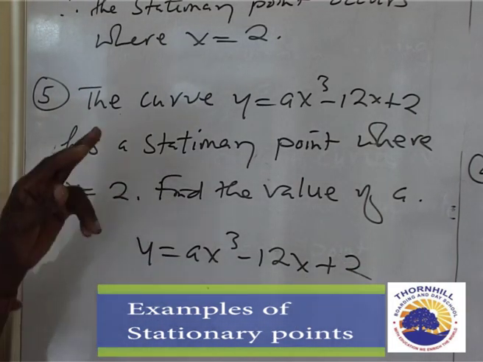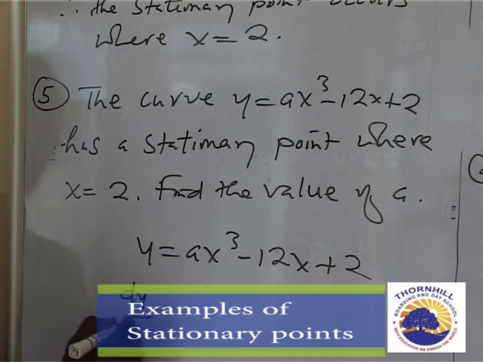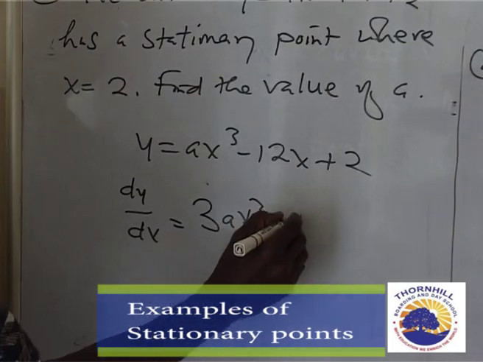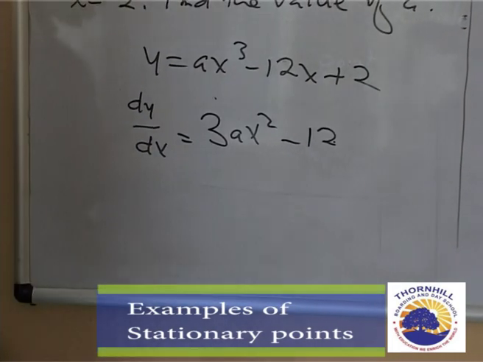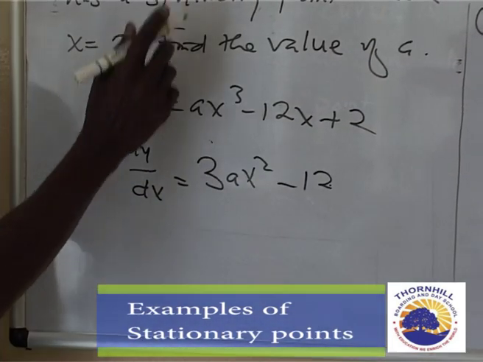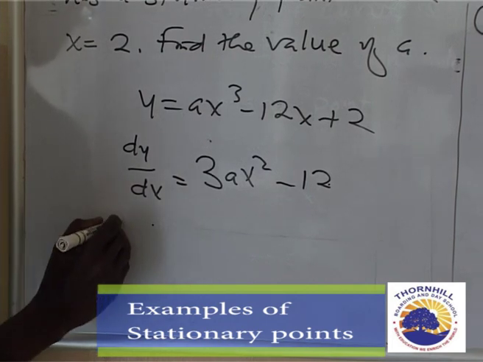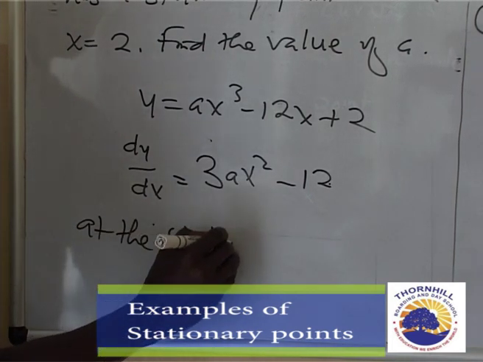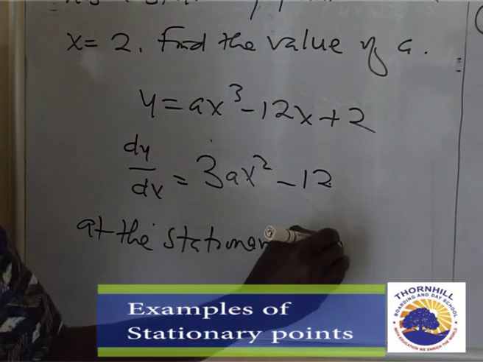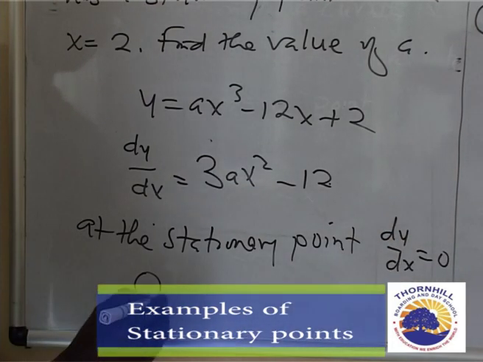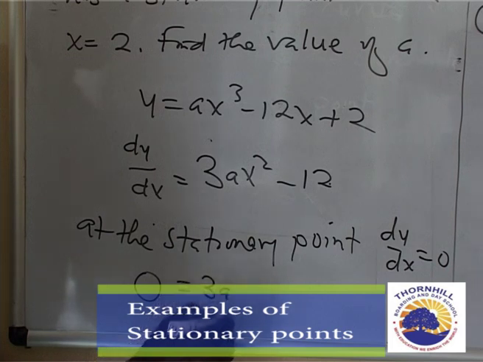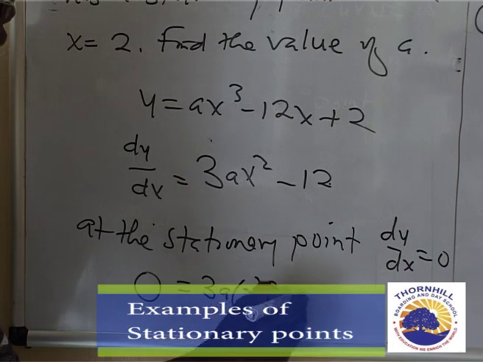Then at the stationary point, dy dx is 0. So we find dy dx. This one will give us 3ax squared minus 12. Now, the stationary point occurs where dy dx is 0. So we have 0 is equal to 3a times x squared minus 12, with x given as 2.